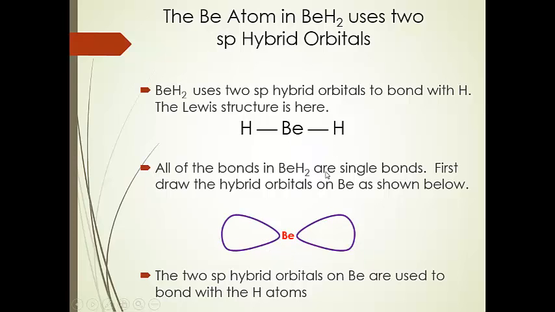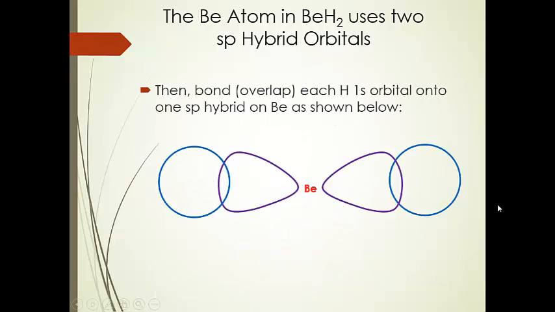So here's the beryllium nucleus and the two sp hybrid orbitals. Then we overlap the hydrogen 1s orbitals onto each of the sp hybrids. Now we have a picture of bonding for beryllium hydride. Here's one of the beryllium hydrogen bonds, and here's the other.